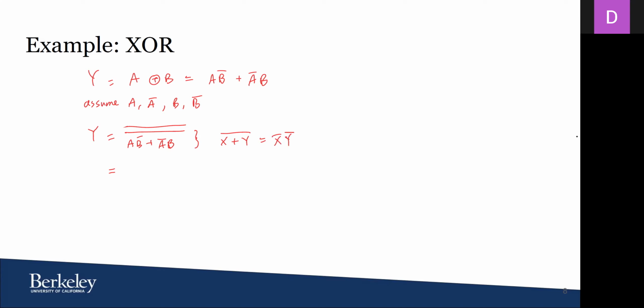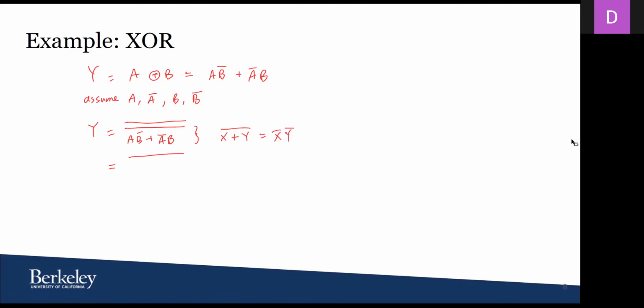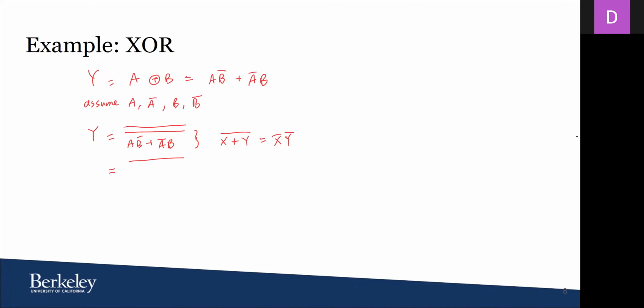So what does this become? That would be not over A not B, which we could simplify more, but we'll skip that for now, plus not over not A times B. Yeah, A not B. Okay, great.